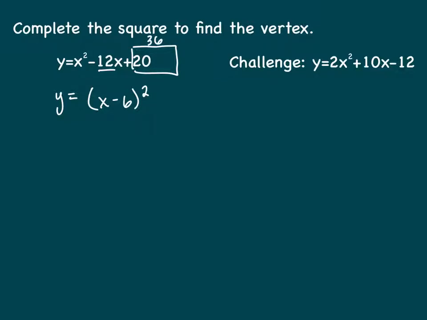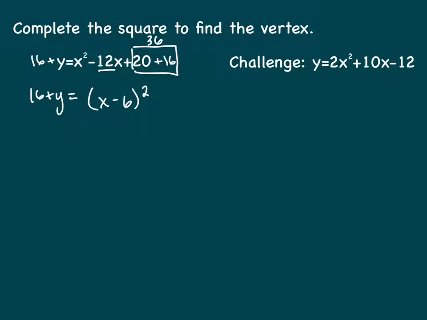So in order to do that, I'm going to add 16 to both sides. So I've got y plus 16, because I already added it on this side to get that 36, and now I have it in the factored form.